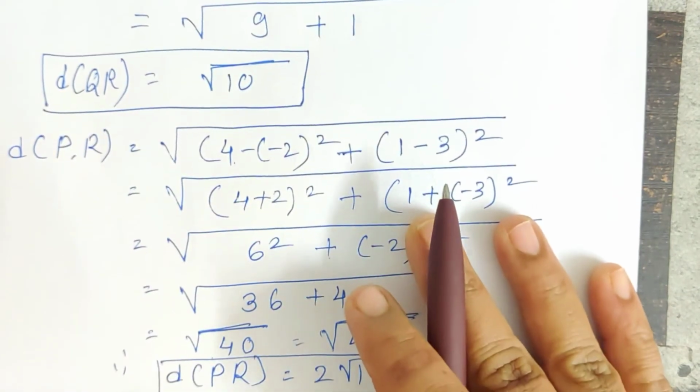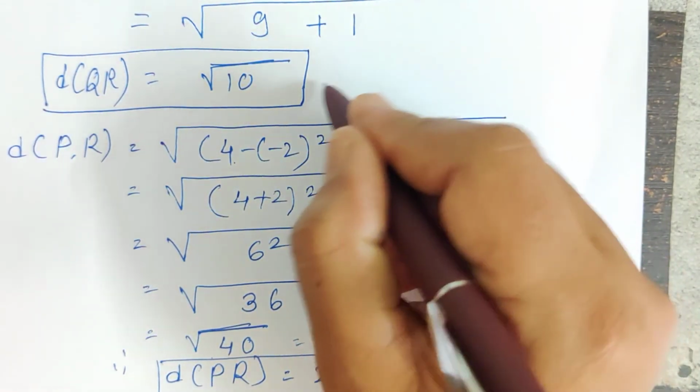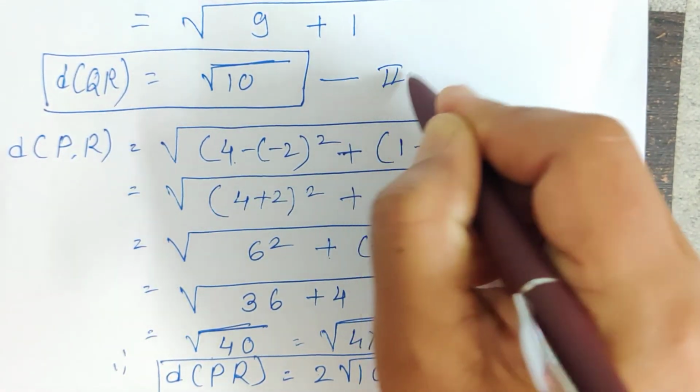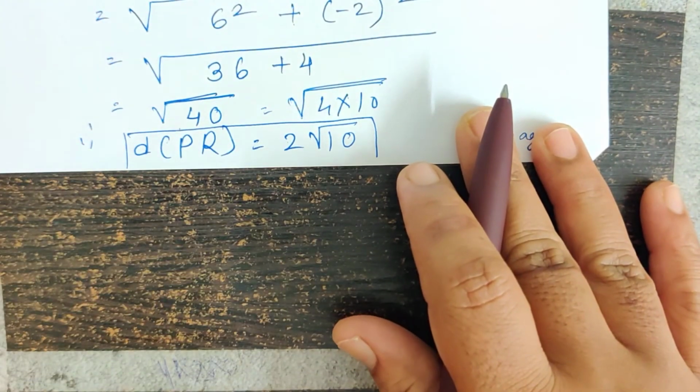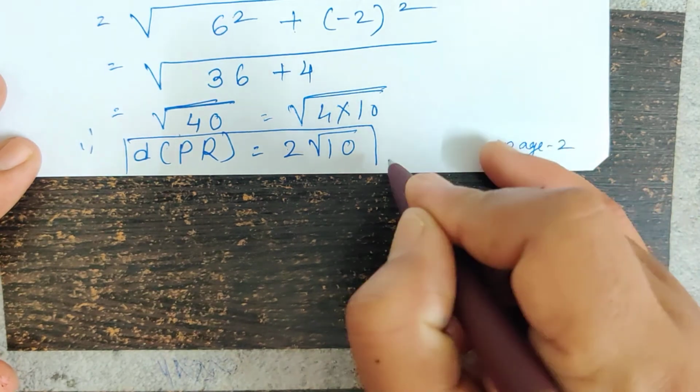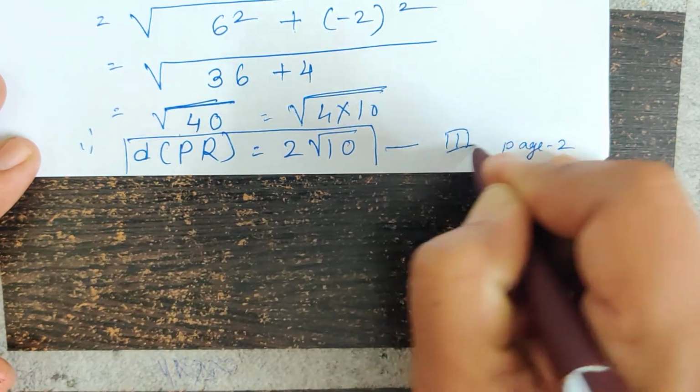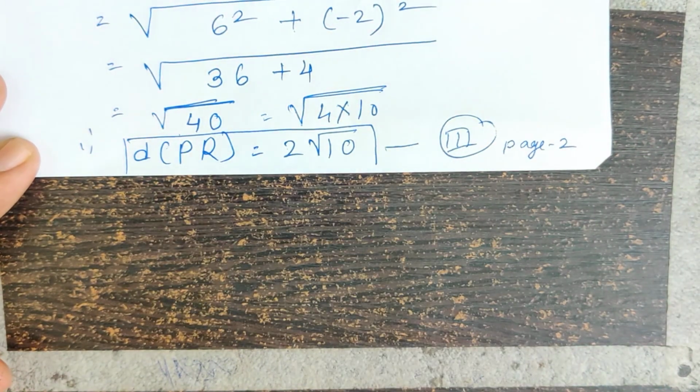Then we got the distance of QR and suppose that is sentence number 2. Then thirdly we find out the distance of PR and suppose it is sentence number 3. And now we will use these 3 sentences and decide whether the points are collinear or not.